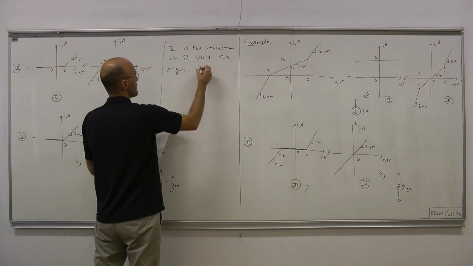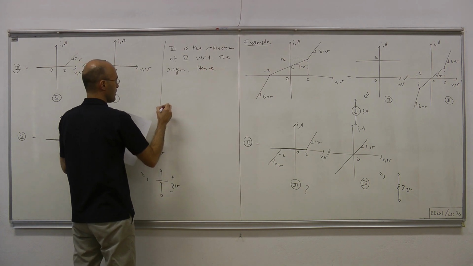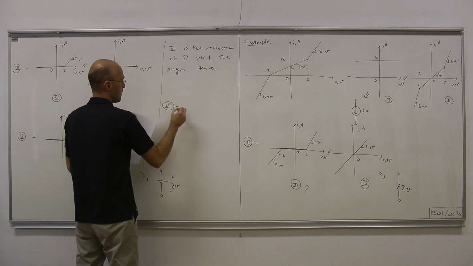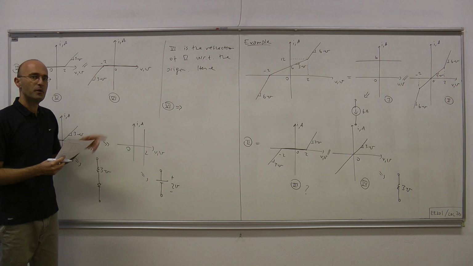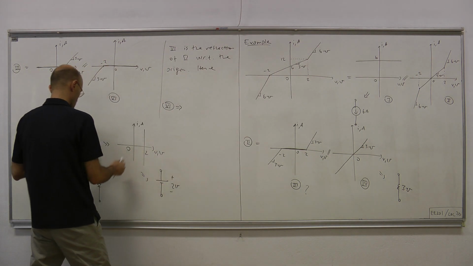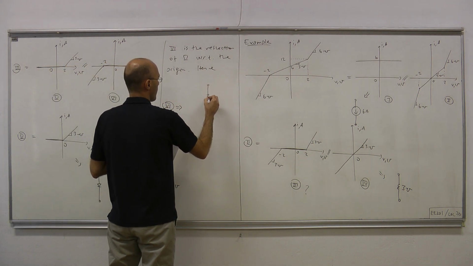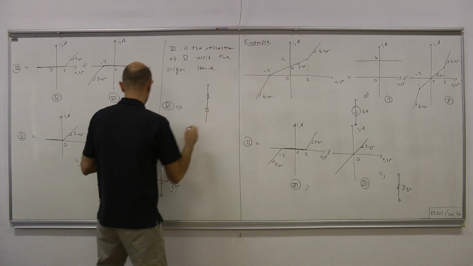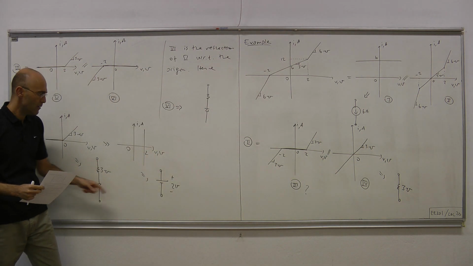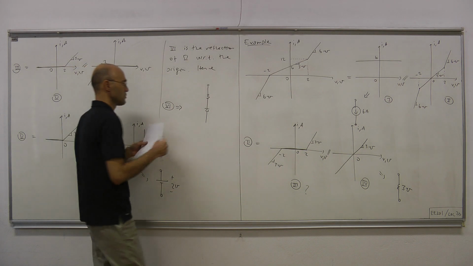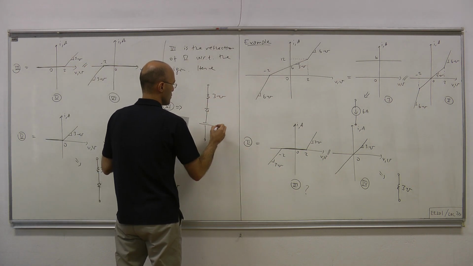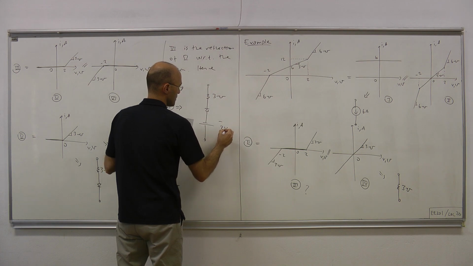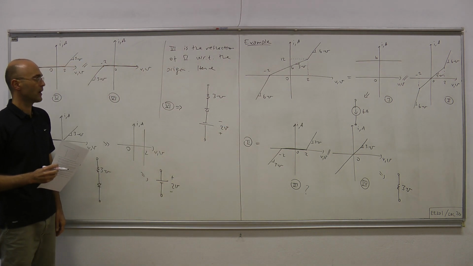Hence this thing can be realized by a diode pointing up and the polarity of 2 volts reversed. 3 mhos and minus plus 2 volts. Okay.